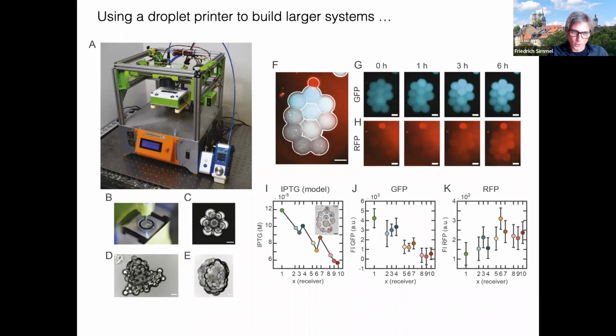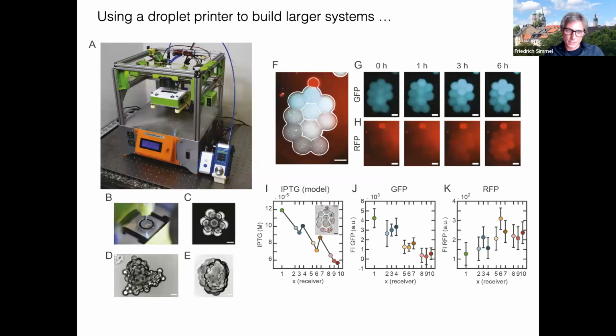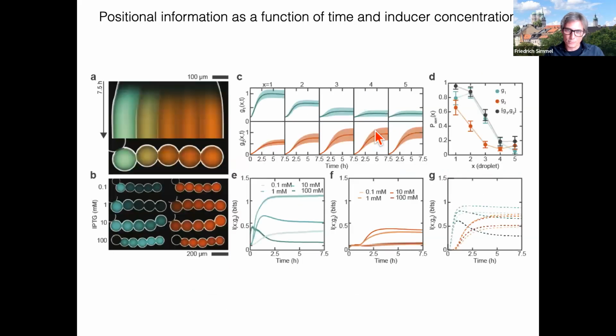I see that I'm talking too long, so I might just switch to the next part. Maybe I didn't answer one of the questions. We checked the sources of the variability that we see in these experiments, and we did some numerical modeling.